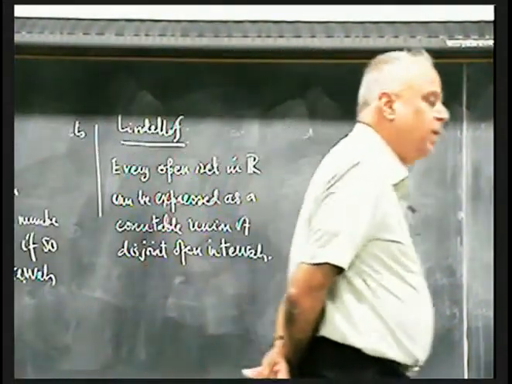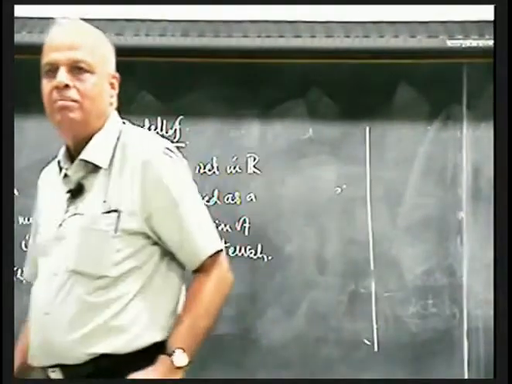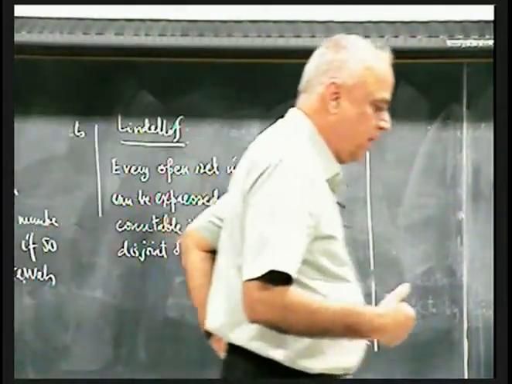So if I now take a countable number of open sets and I intersect them, then it need not be an open set. You are likely to get something different. Okay, so whenever somebody new is born, you have to give a name for them.